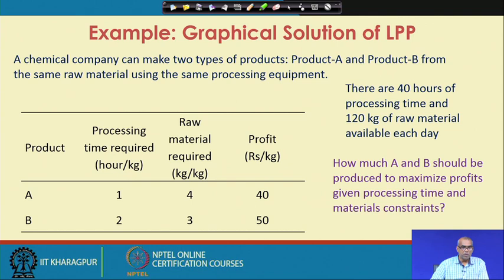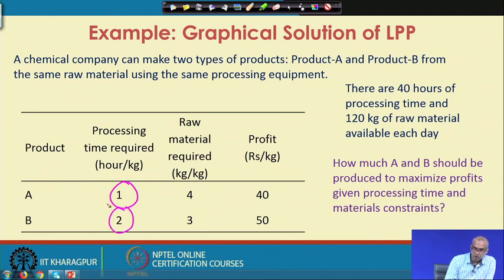The processing time required to produce 1 kg of product A is 1 hour and the processing time required to produce 1 kg of product B is 2 hours.